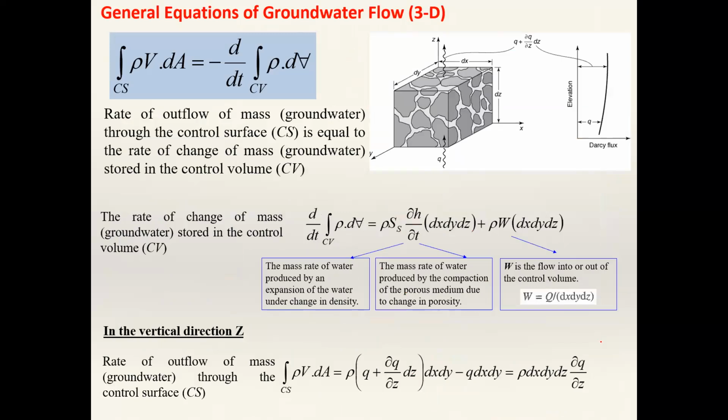Right, now we come to the governing equation of groundwater flow. Can anyone tell me what this is? What equation is it? This is the continuity equation. Probably you remember pipe flow and open channel flow, we discussed the continuity equation, right? How was the continuity equation developed? It was developed by using the Reynolds transport theorem.